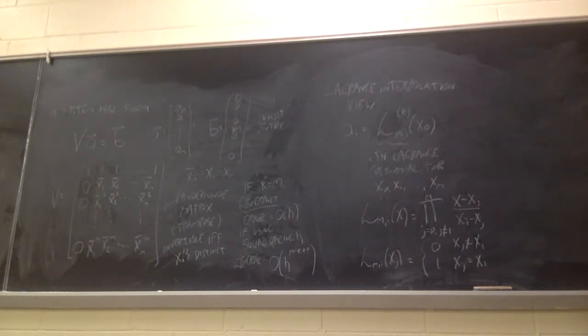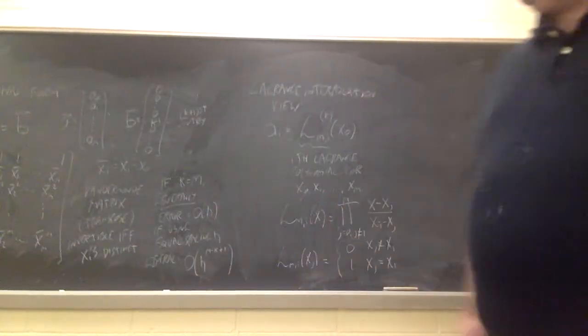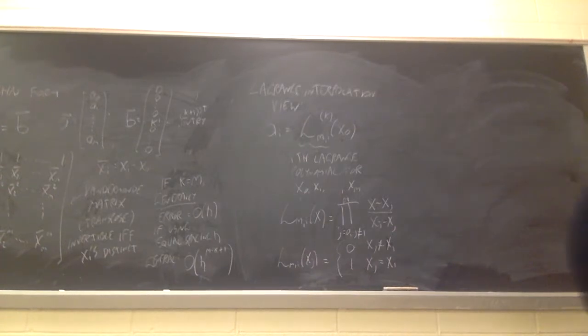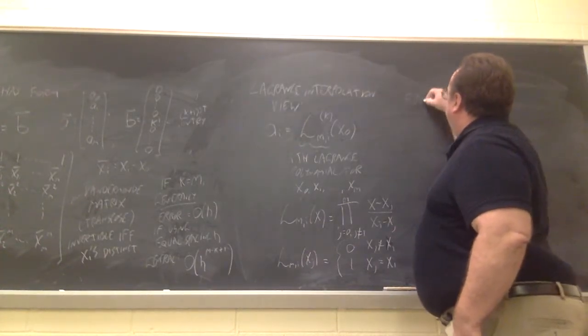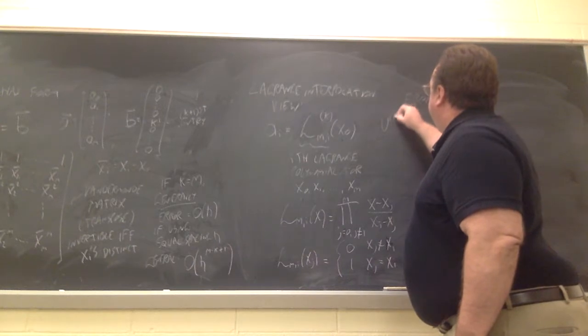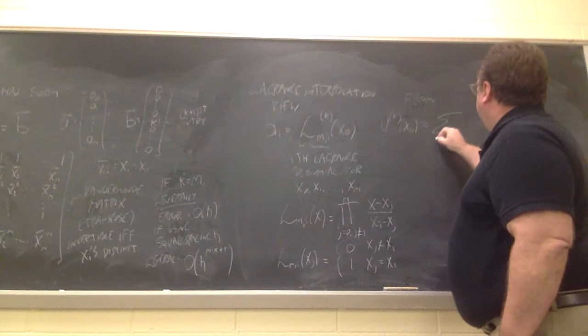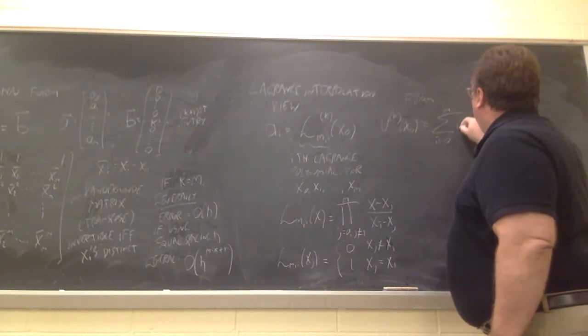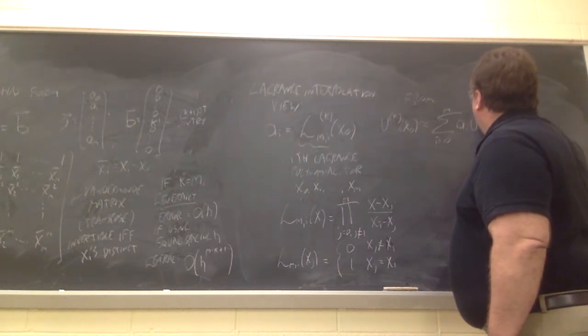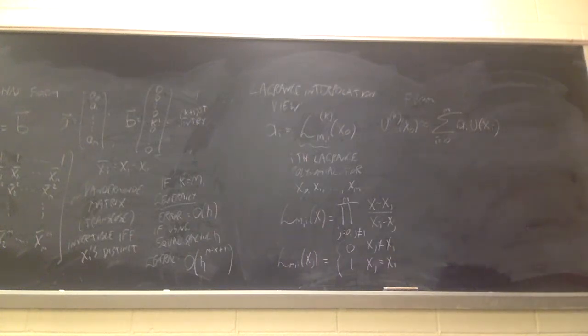So that's one nice thing about this approach, and the way you can see that is from one of the first equations that I wrote down. The kth derivative at x naught, I want to approximate by a sum of these coefficients times u at xi.